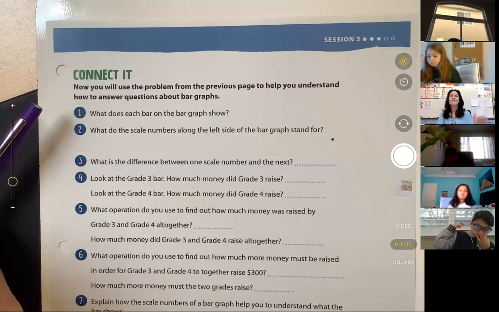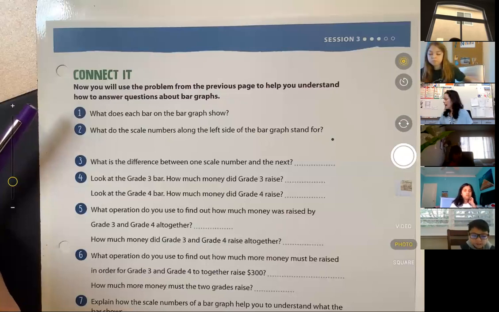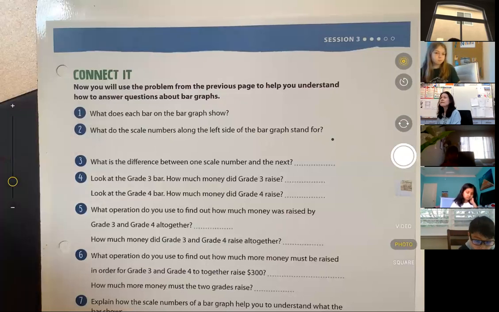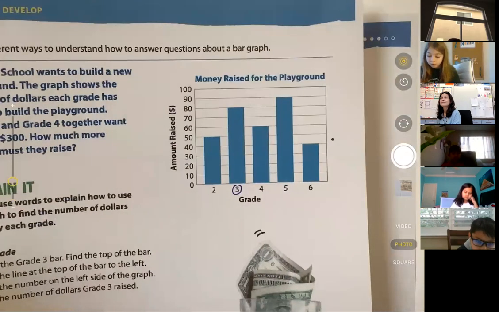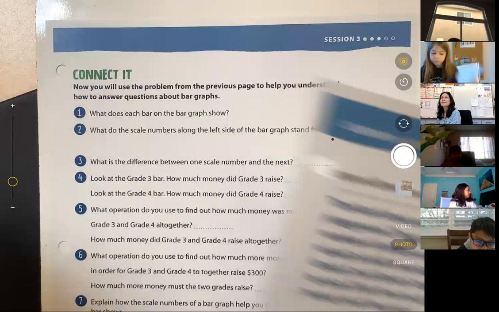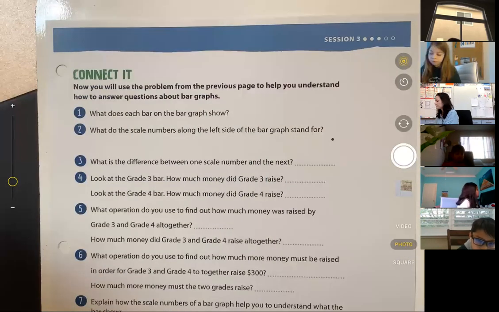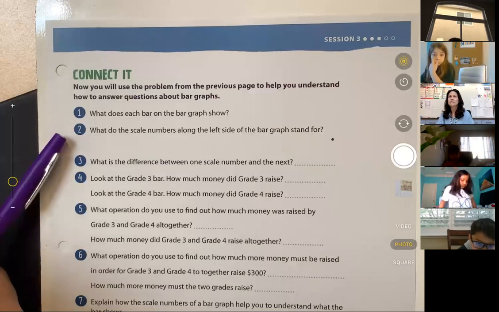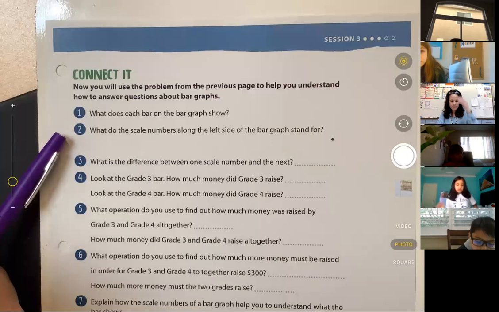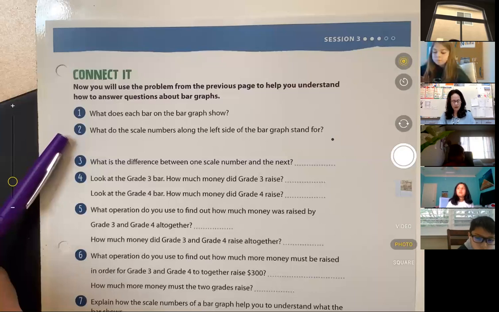Yes, it is. I may just give you this and ask you lots of questions about it. That's what this page is going to do now. So on question number 1, it says, what does each bar on the bar graph show?